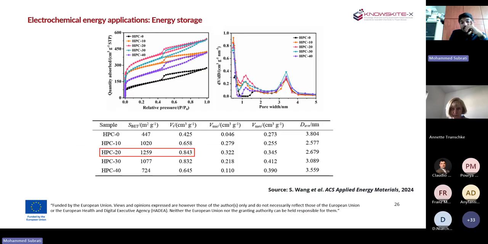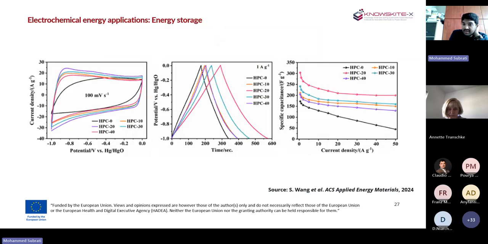From the nitrogen porosity point of view, you can see that the HPC20, which has 20 grams of the PVB polymer, has the highest specific surface area and also total pore volume. As you may have already guessed by now, it yielded the best electrochemical performance: the highest specific capacitance and also the charging and discharging profiles.